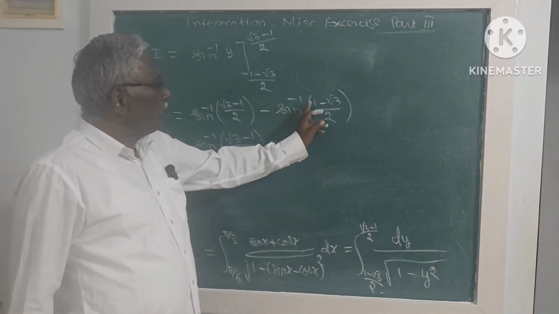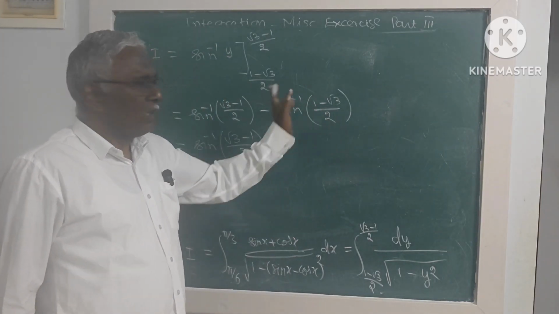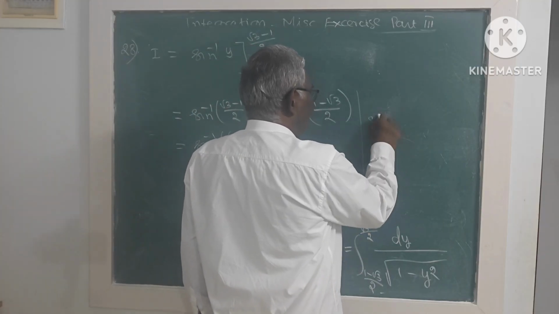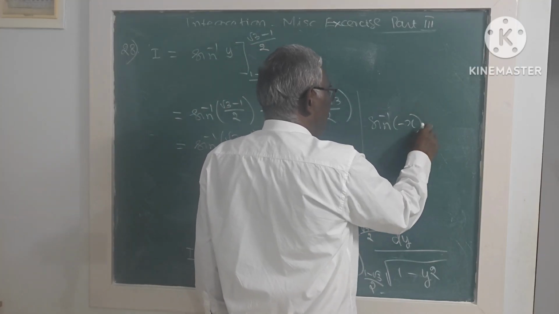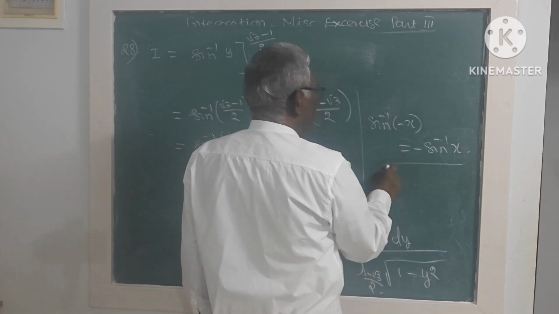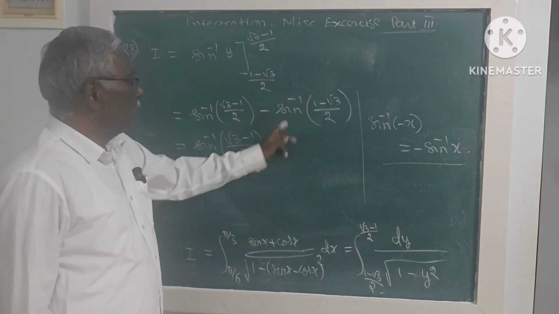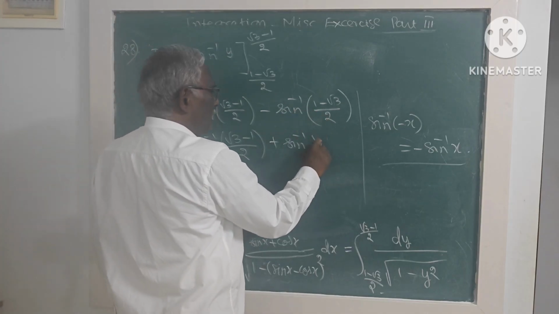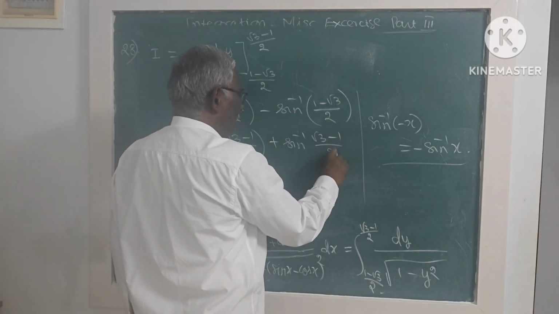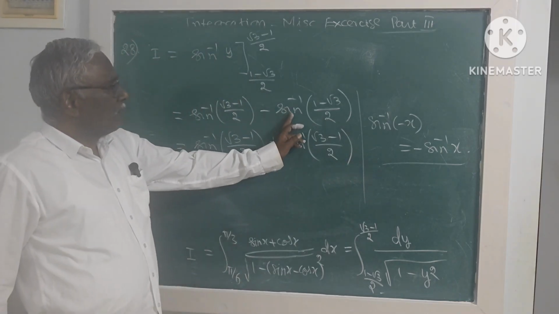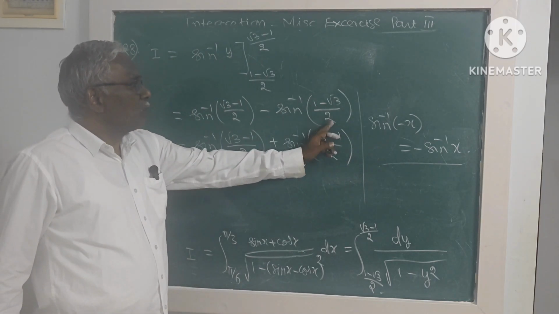Here sine inverse of minus x is minus sine inverse x. Using this property, we take the minus sign outside, then it becomes plus sine inverse root 3 minus 1 by 2.